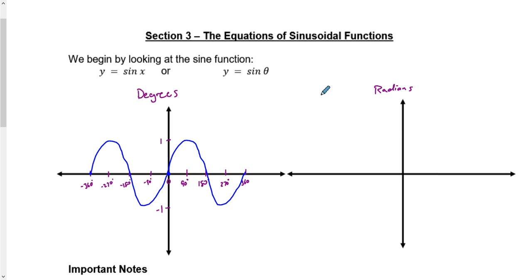If I do this in radians, it's still going to go up to 1, and down to -1. The only difference, though, I'm actually going to make this probably a little bit bigger. It's still split into 4 sections.